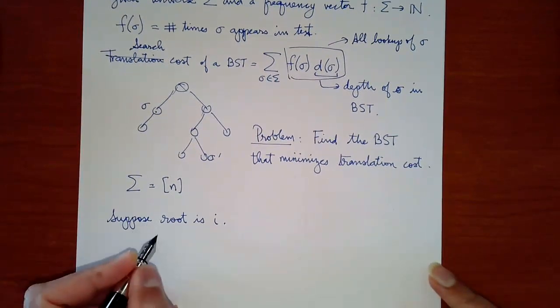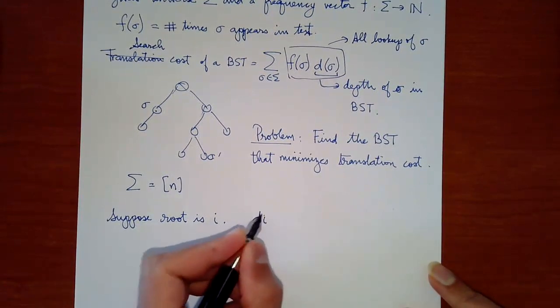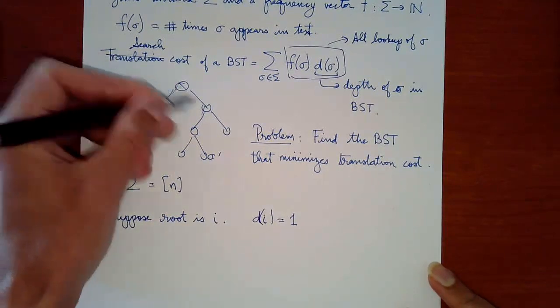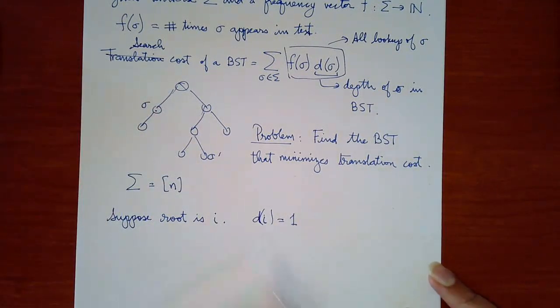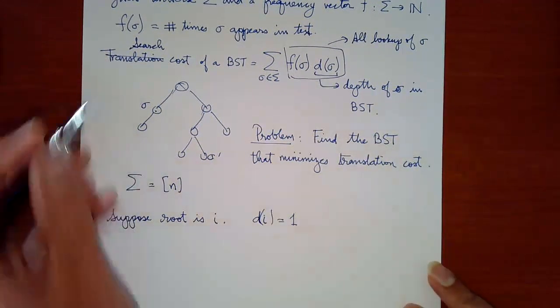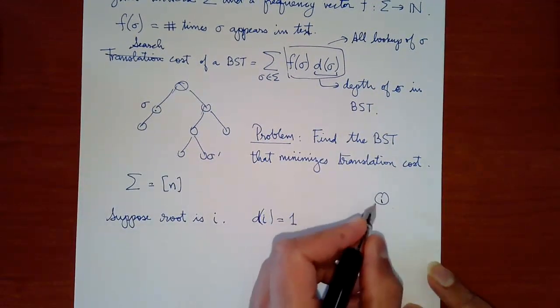That means that the depth of I is 1 — I'll say this is 1 instead of 0, counting the number of nodes along the path. So you put I over there.